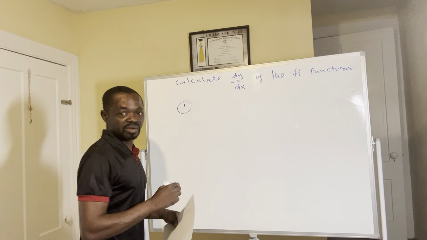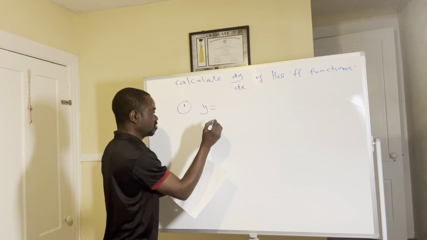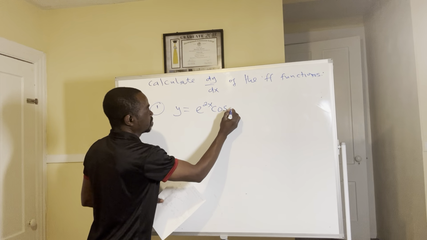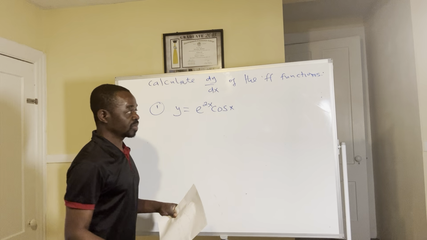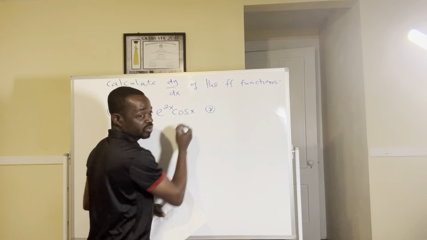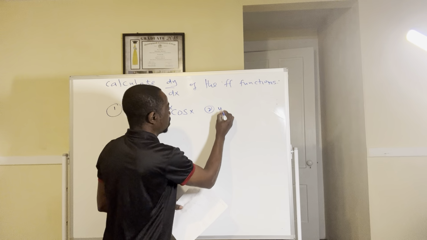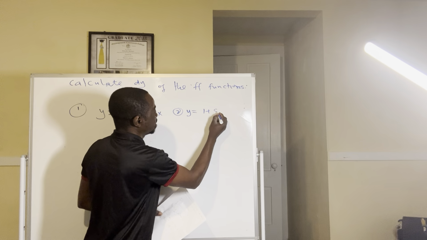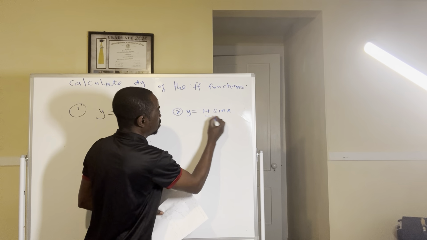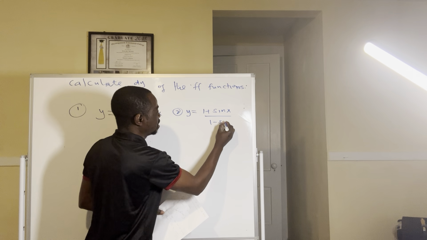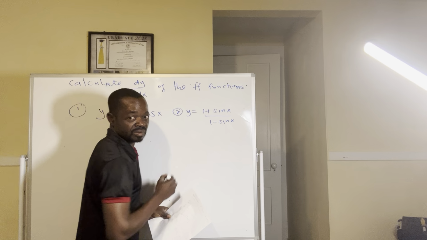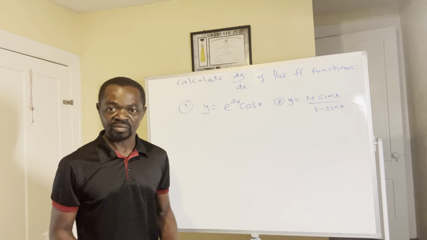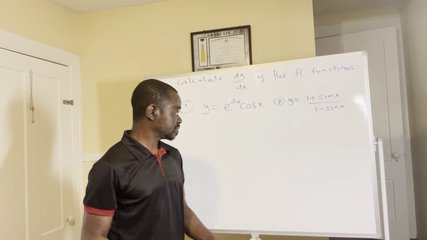Example 1: y equals e to the power 2x cos of x. And then example 2: y equals 1 plus sine of x all over 1 minus sine of x. Right, so let's look at these two examples and apply our formulas.